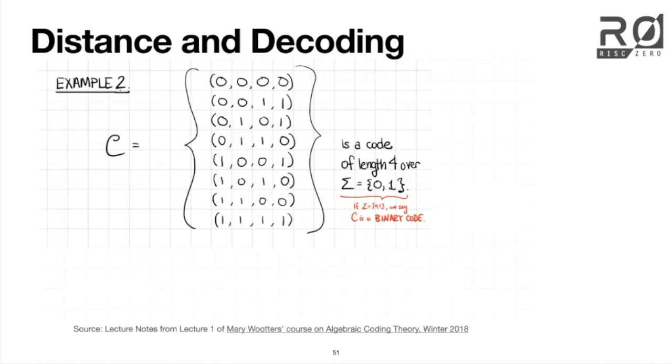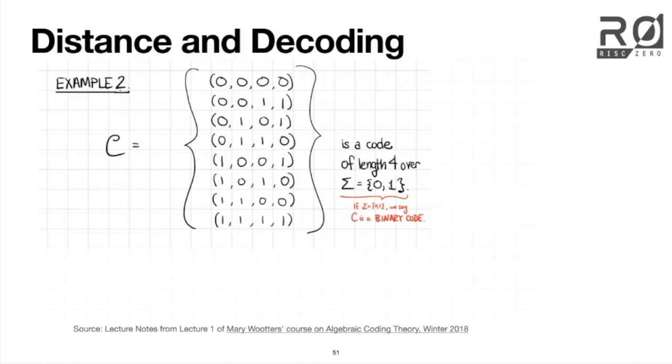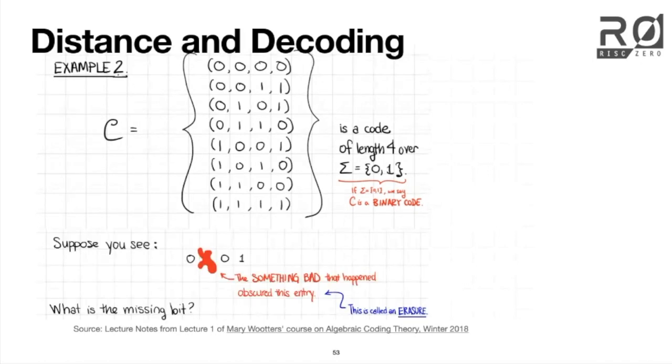Let's imagine that Bob received this message from Alice. Bob received this string and looks at it and says, oh, there was an error here, or there was an erasure here. I can't see the second bit.